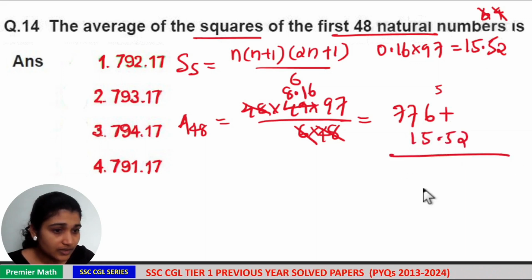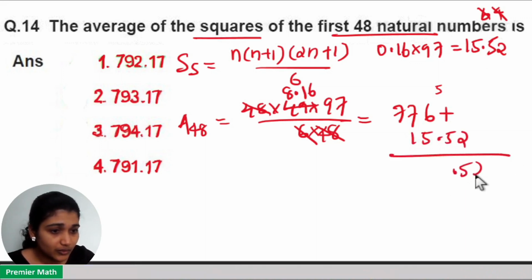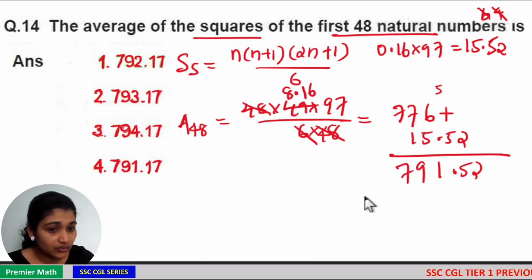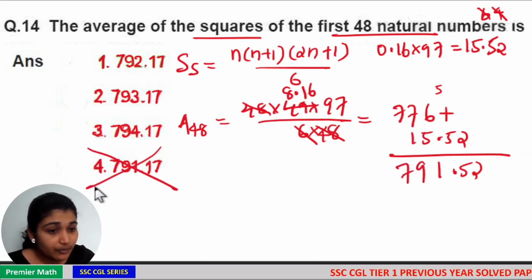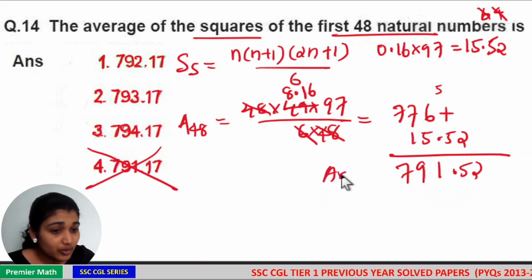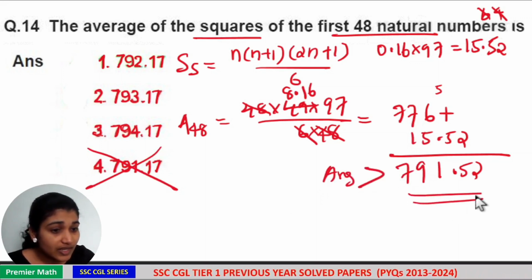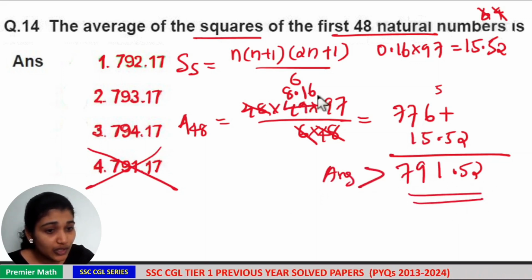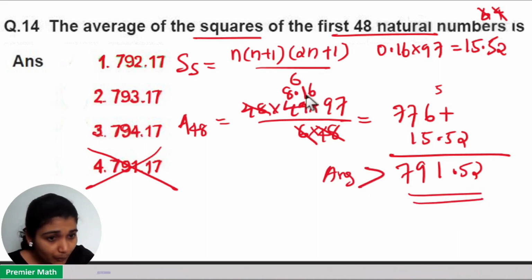So add these together. This is equal to 6 plus 5 is 11, 7 plus 2 is 9, so 791.52. Here option 4 is eliminated because the answer should be greater than 791.52, because we only took 8.16. We didn't take the third digit, the third decimal here.